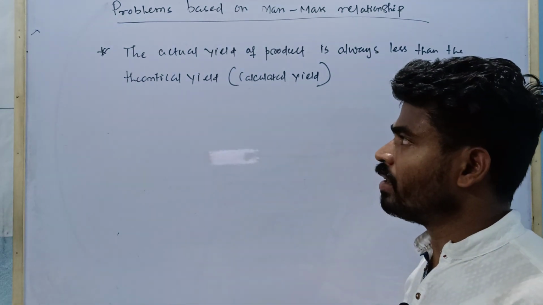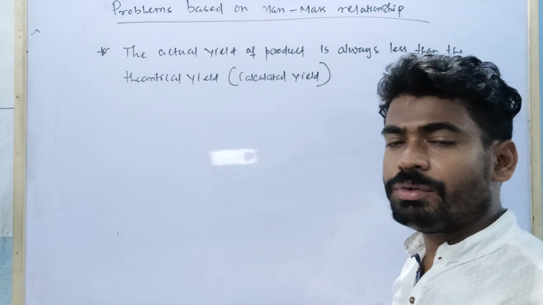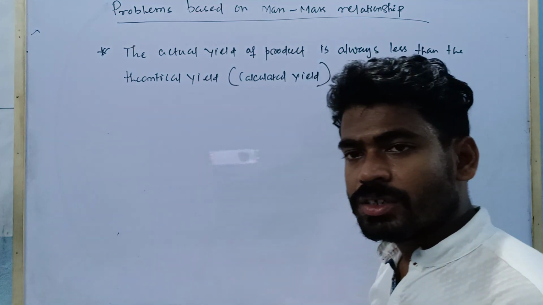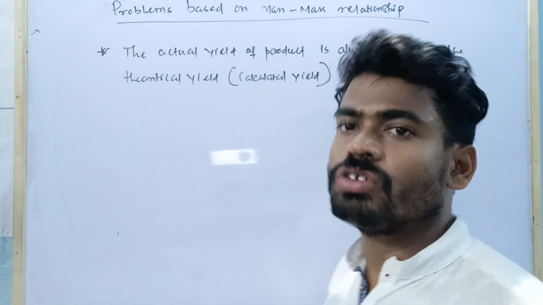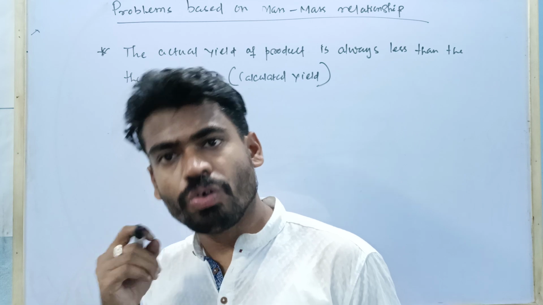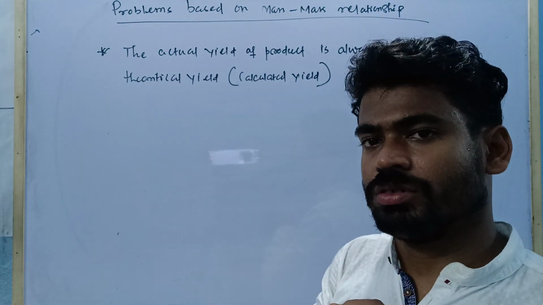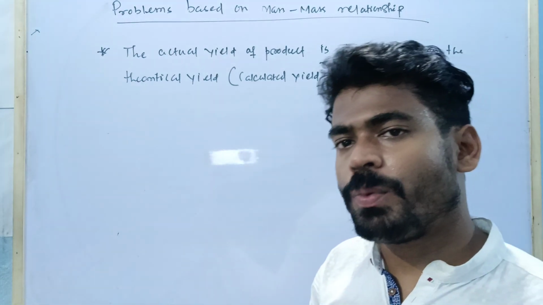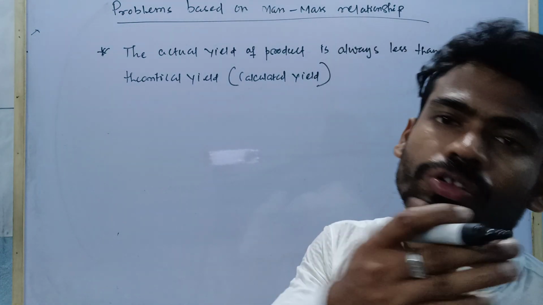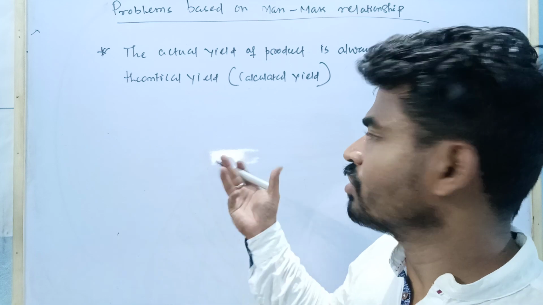Why? Because during a chemical reaction, certain side reactions also take place which are unknown to us. Due to these side reactions, some amount of product is also formed in some other way. That's why such variation arises.